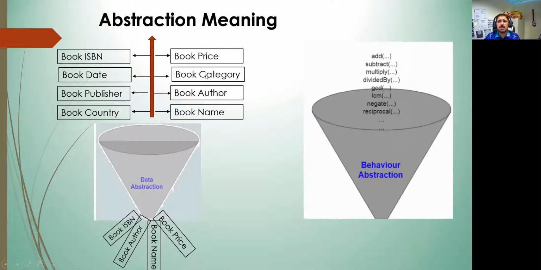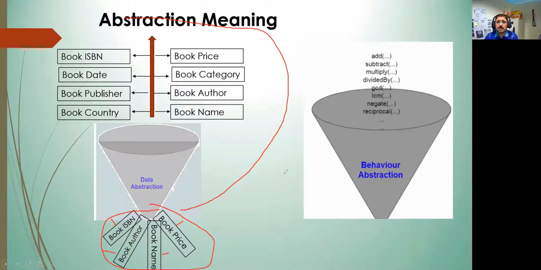A book may have many properties, but if we decide that we filter all these details and select some of these, the general ones that every book has, for example price, every book has a price, every book has a name, every book has an author, and every book has an ISBN. So this is a general description of the book. This general description of the book is called abstraction.